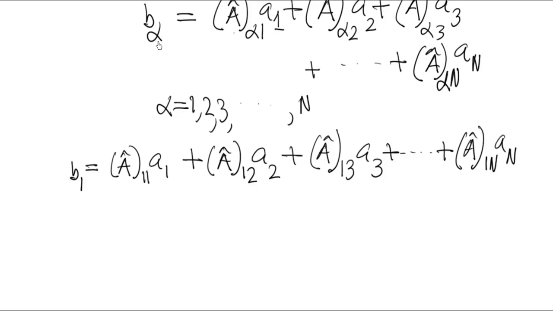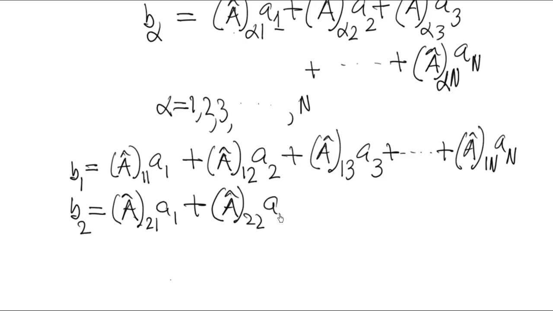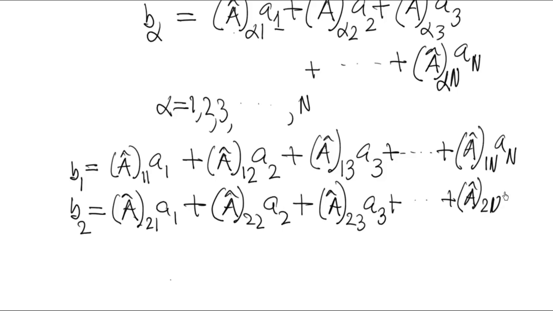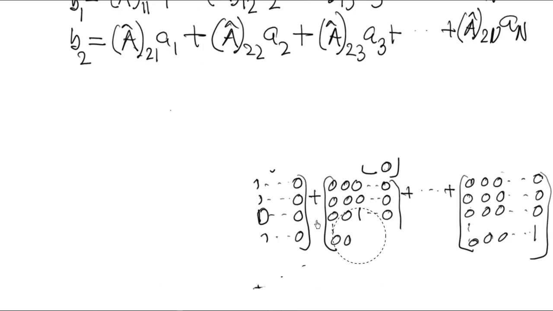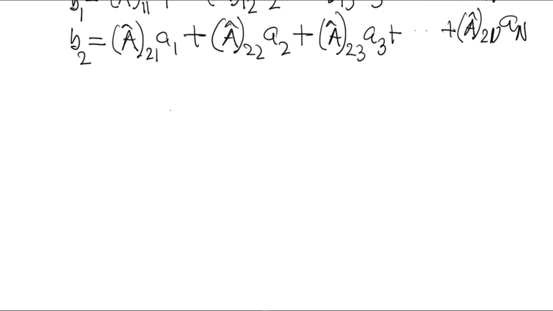The next one is alpha equal to 2, so we will have B2 equal to A21 a1 and so on. Alpha equal to 3, so we'll have B3.